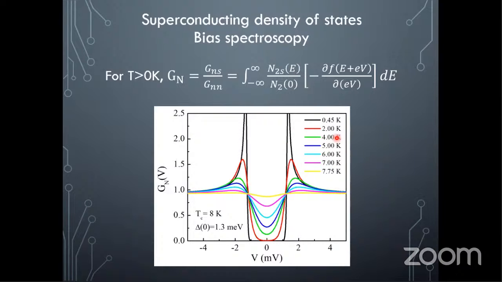Now one can actually fit these simulated curves with experimental data, and from there one can extract the BCS superconducting gap and check how it varies with temperature.